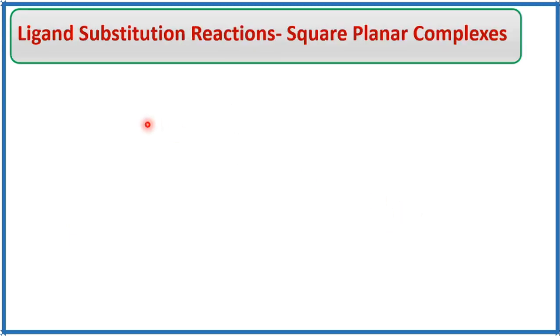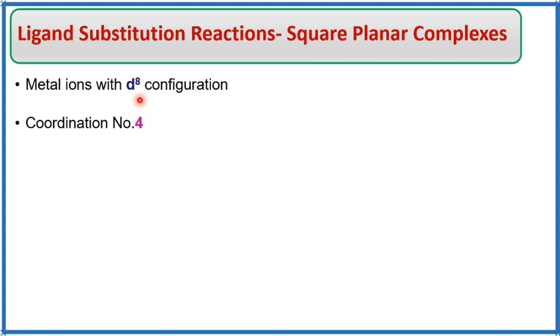Next we will go to ligand substitution reactions in square planar complexes. As we know, generally metal ions with d8 configuration form square planar complexes. And for square planar complexes, the coordination number is 4.